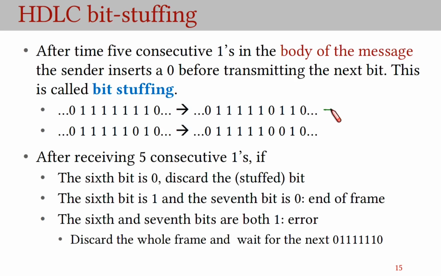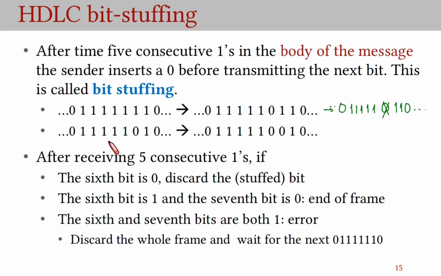So on the receiver side, this is going to be 0 followed by 5 ones, and then there is a 0 which the receiver will discard, and then 2 ones and a 0, then something else, also something else. And so basically what was sent in the message is what is passed on as the message.